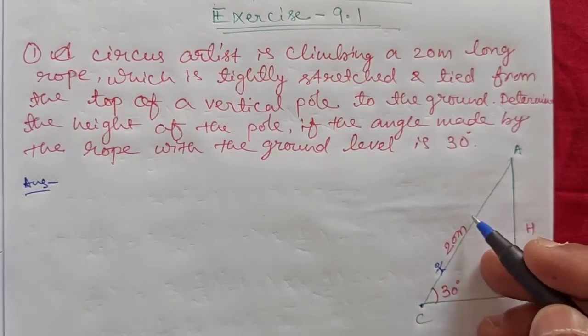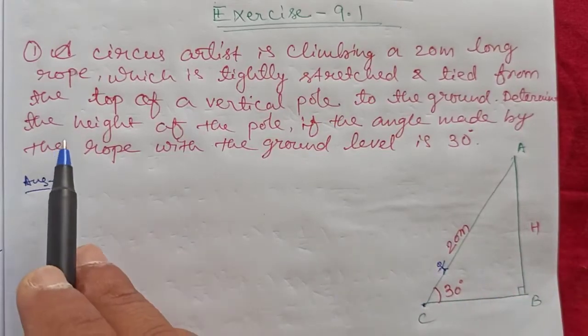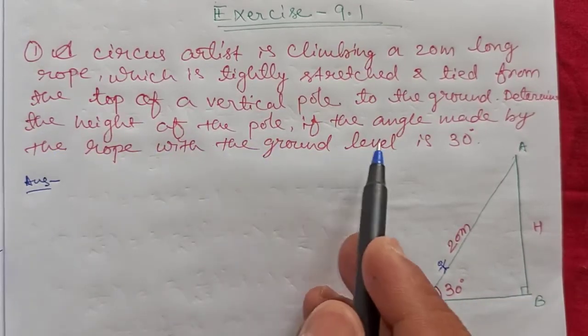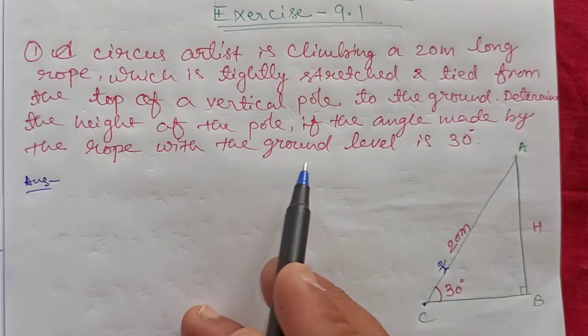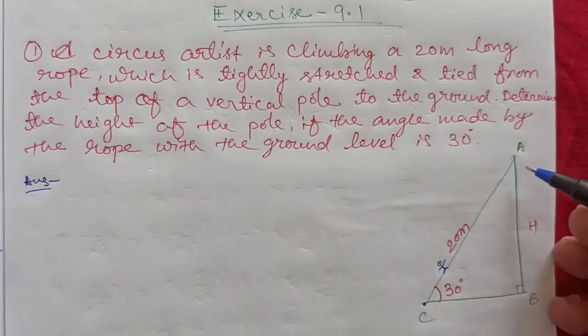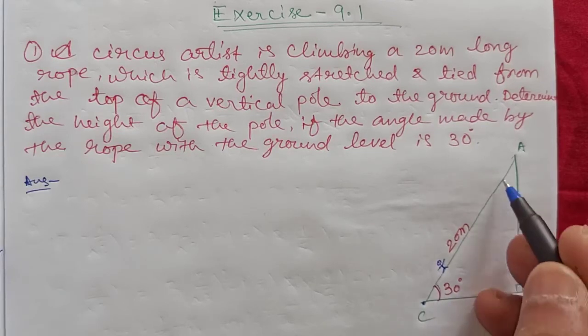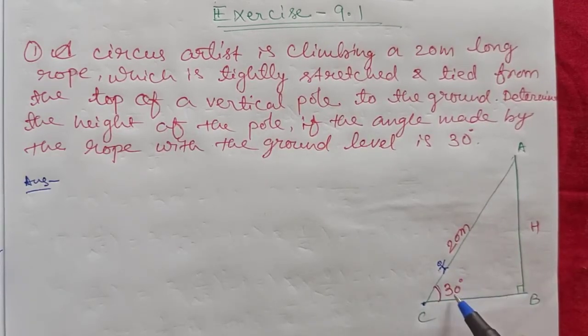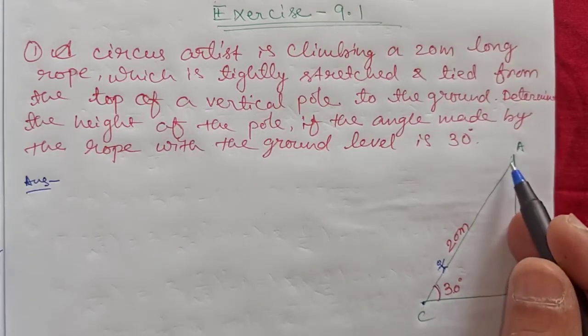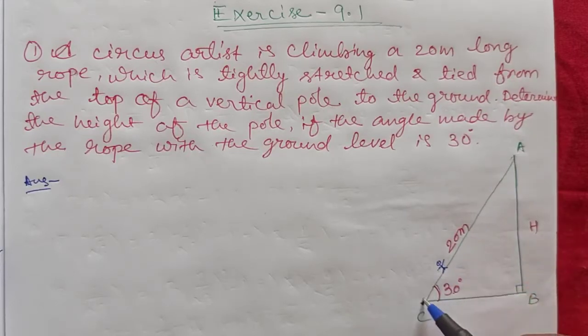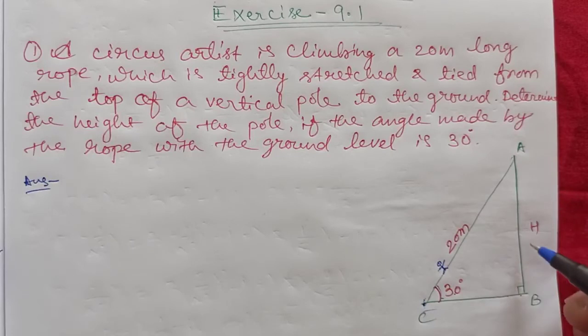The length of the rope is how much? 20 meters. Determine the height of the pole if the angle made by the rope with the ground level is 30 degrees. We have to find out the height of the pole.